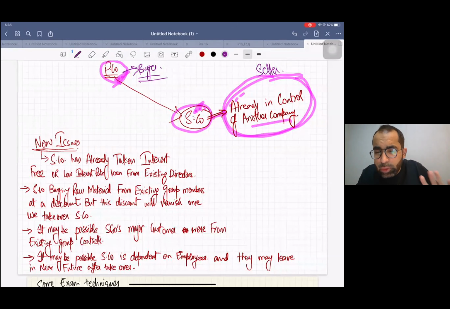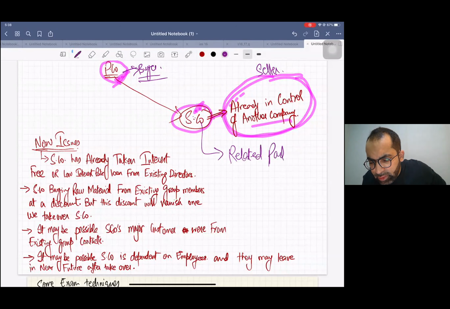So there must be some related party transactions, or an easier word, family transactions.